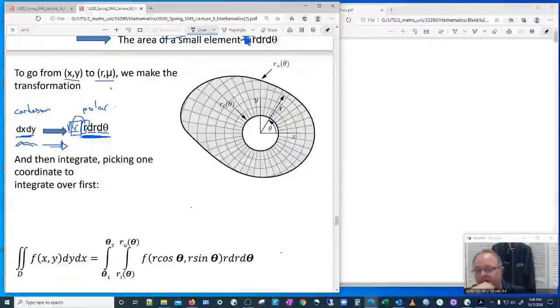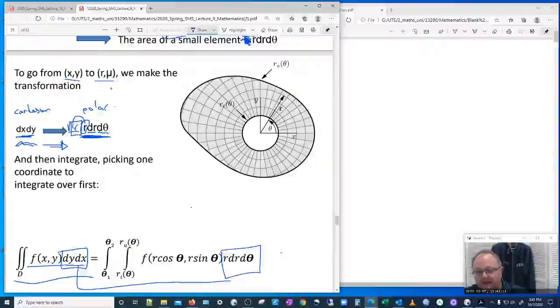So if we have a look at our function, here's our integral for some function over dy dx, and then we do the transformation. The first thing you'll notice is dy dx is transformed to r dr d theta. Now what about x and y? What happened to them? Well, what's the equivalent of x? We did that previously.